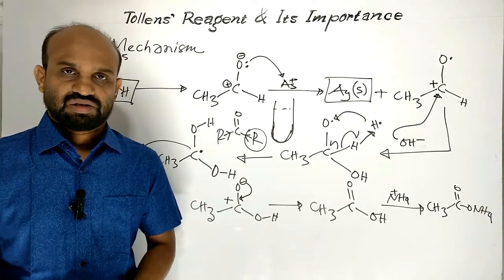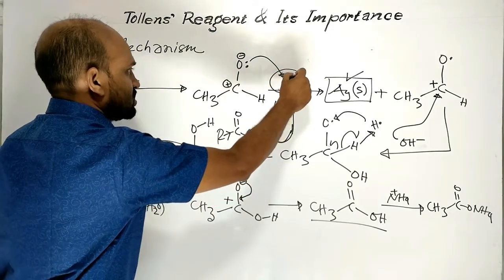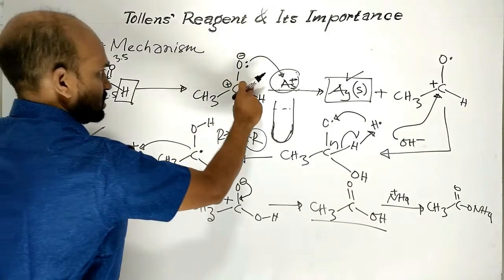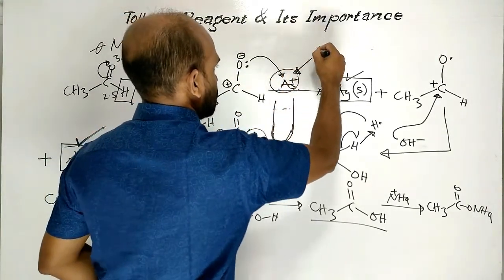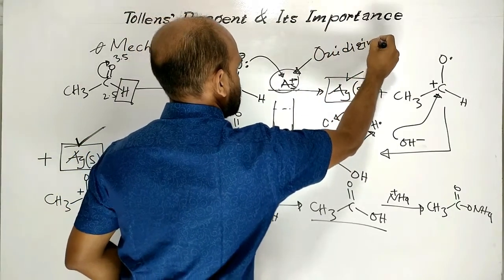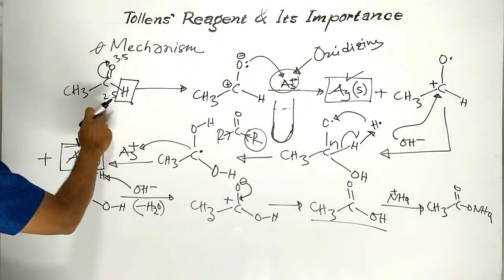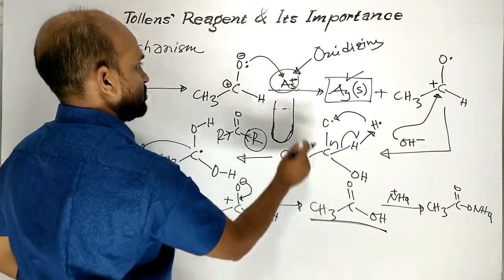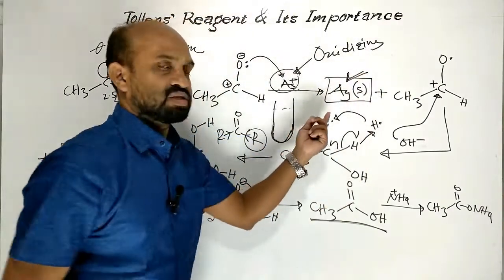In this reaction, silver ion receives an electron from the aldehyde. That is why silver ion in this reaction acts as an oxidizing agent, and silver ion oxidizes the aldehyde to acid, and at that time silver ion is reduced to metallic silver.